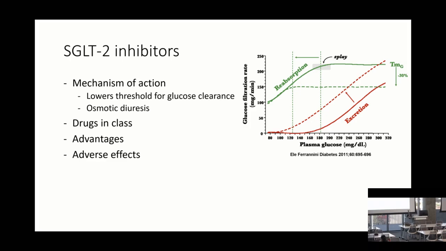So that once the glucose in the serum goes above 120, you start to excrete the glucose in the urine. You don't have to wait till it gets to 200. So instead of reabsorbing it, the kidney will start to clear the glucose at a lower threshold. So that's how they are very effective.